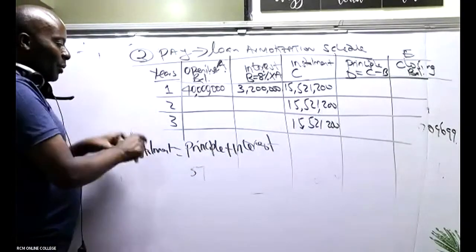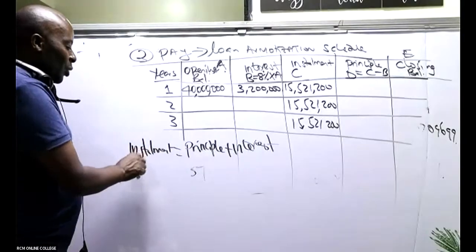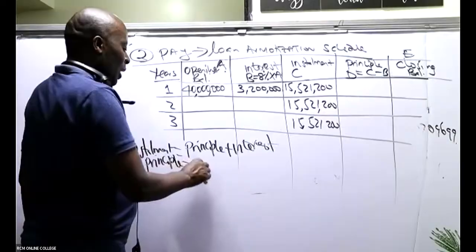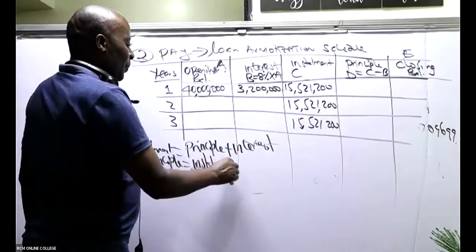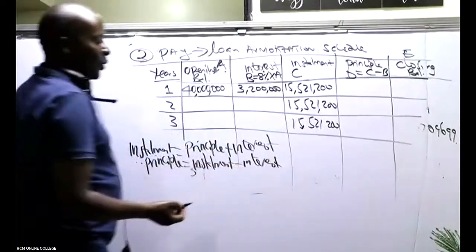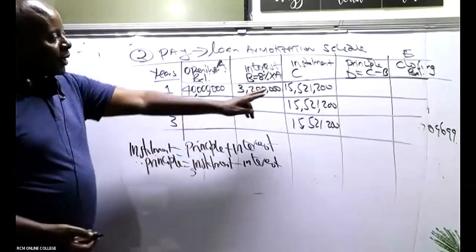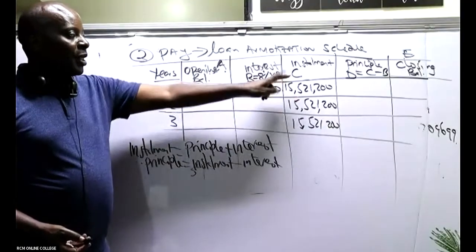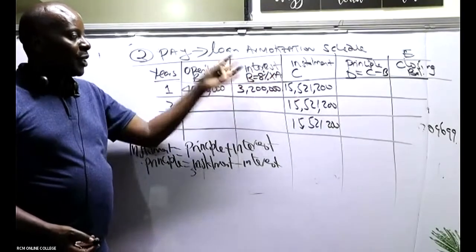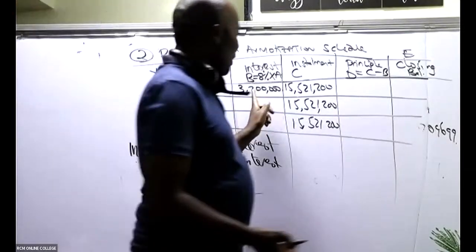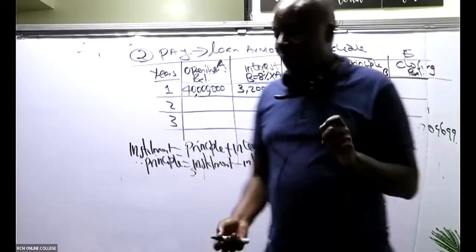Now that I have installment and I have the interest, then to get principal is very easy. To get principal, I will take the installment minus interest. So I will take the installment that I have paid minus the interest. So basically, I'm taking column C minus column B. Interest is column B. So in this case here, 15,521,200 minus 3.2 million gives me how much principal?